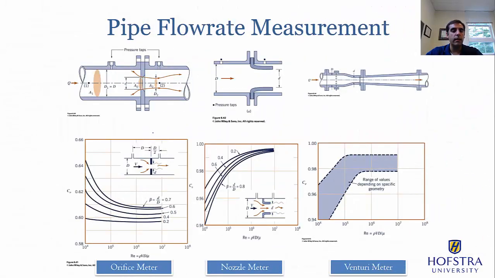We stated earlier that our system has an orifice meter. So you might recall that an orifice meter is what we call a Bernoulli type device, which allows us to measure flow rate. That's the idea behind it. Now, in order to measure flow rate, you have to know what its discharge coefficient is.